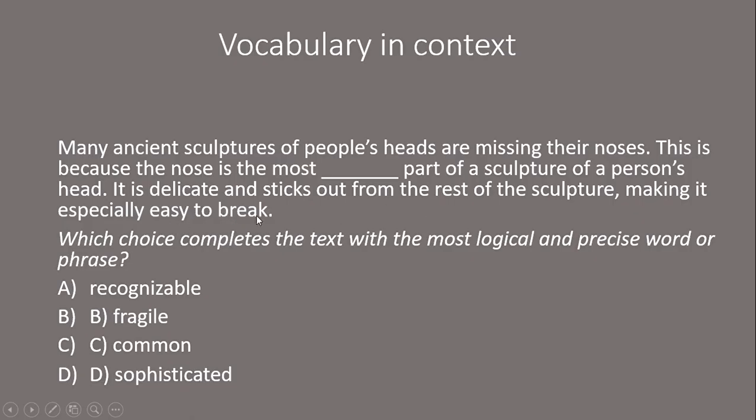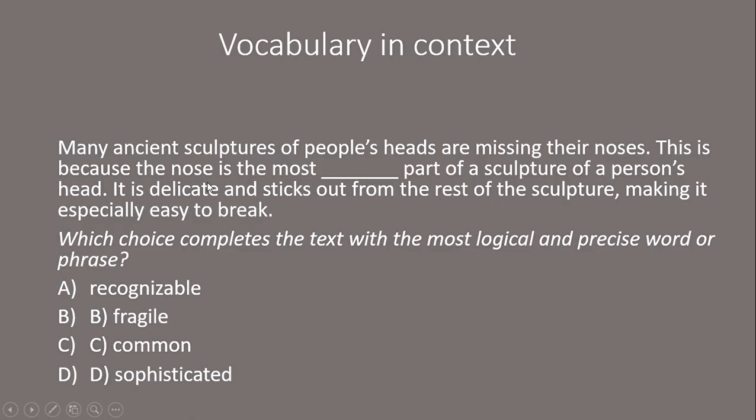Alright? If you understand the meaning of the word delicate, then this is going to be very easy for you. And even if you don't, there's another clue here. This is another hint. Break. That means the nose of the sculpture of a person's head is breakable or easily breakable.